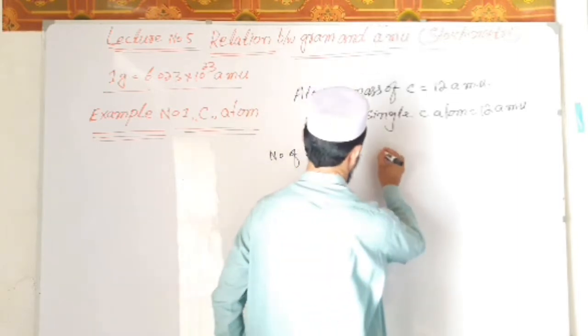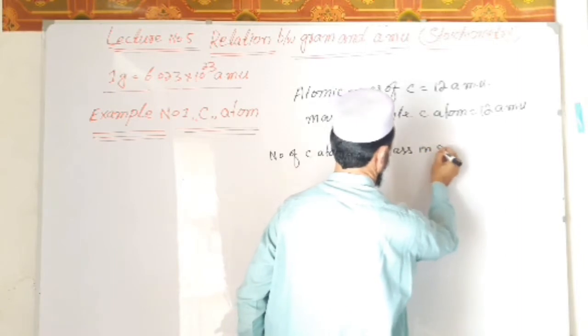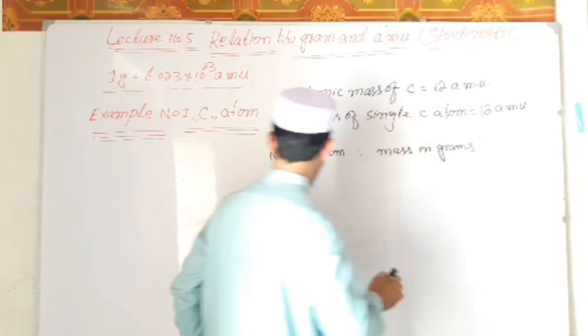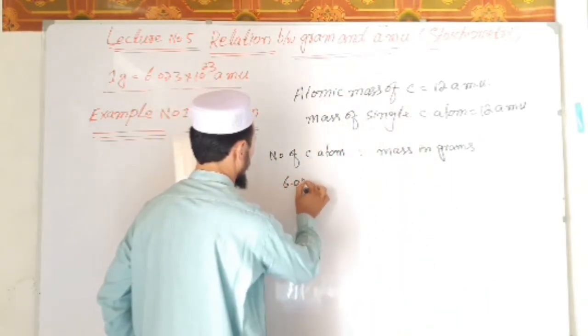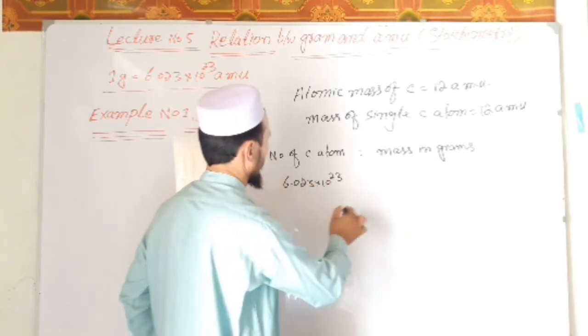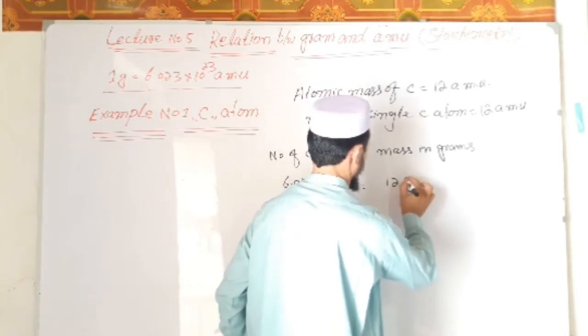ratio, mass in grams. Number of carbon atoms 6.023 multiplied by 10 raised to the power of 23 is equal to 12 gram.